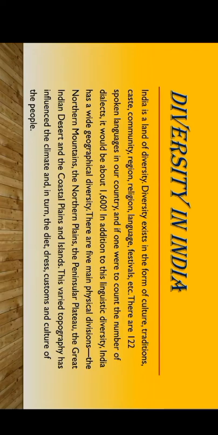Now, India is also diversified on the basis of geographical features. There are 5 main physical divisions: the northern mountains, the northern plains, the peninsular plateau, the Great Indian Desert, and the coastal plains and islands. This gives way to a rich variety of vegetation and wildlife.